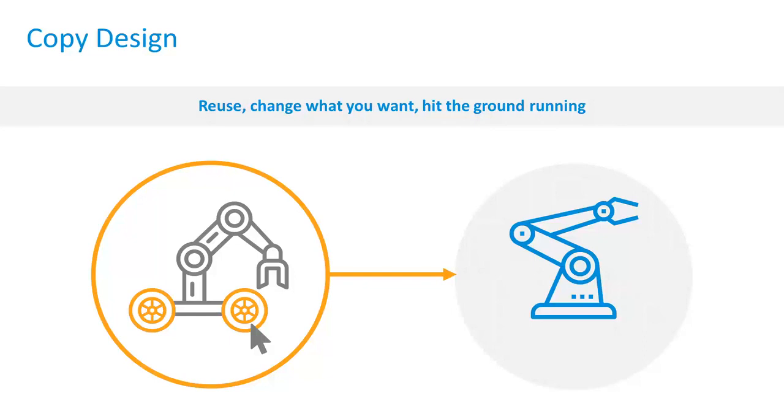So imagine you have a design that is tried and true. Or maybe you have a baseline design. And then you need to make something that is almost the same but different. Within the copy design tool, you take a design and copy or build another part of the design out.